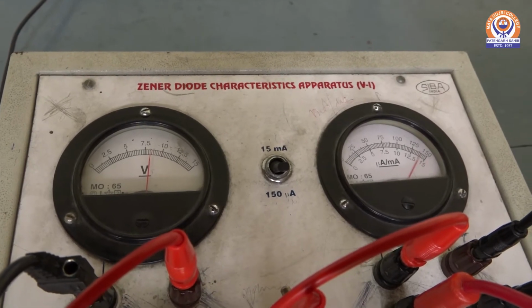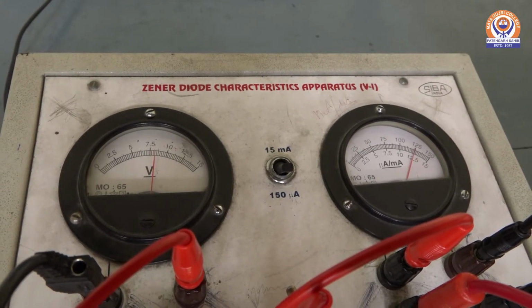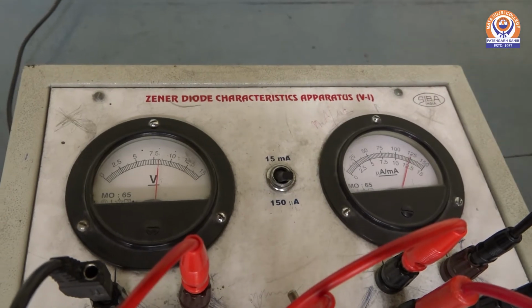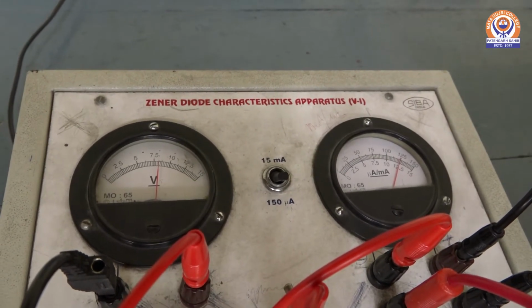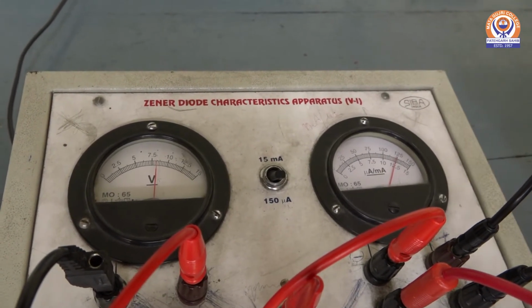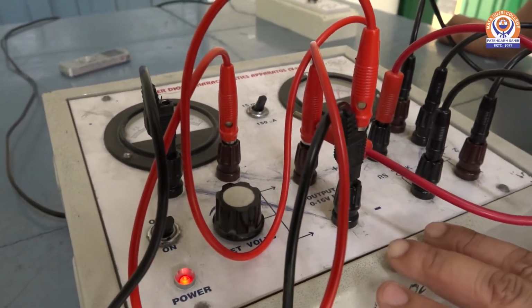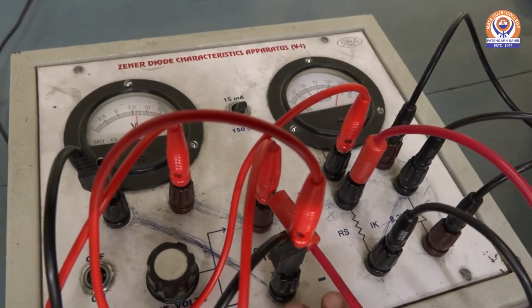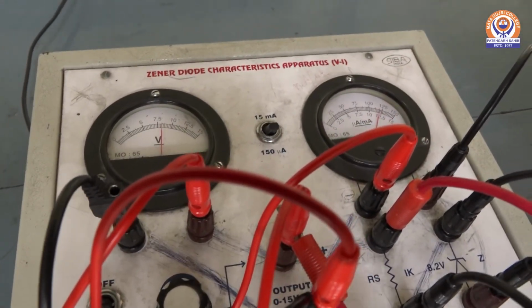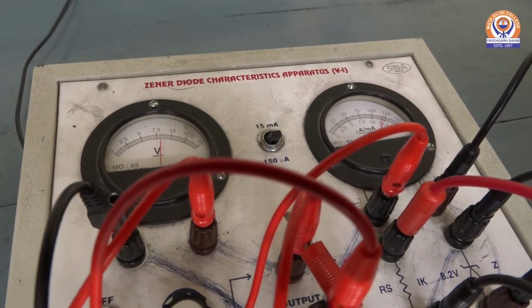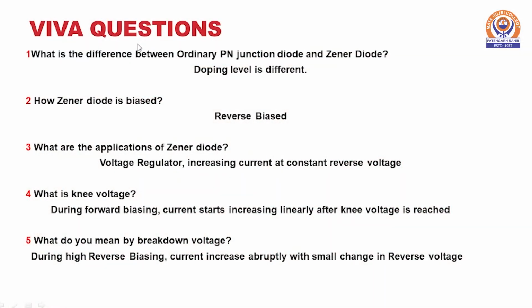At 7.75, the current has increased abruptly. This particular voltage is the Zener breakdown voltage, after which the current shows a sharp increase at a fixed value. So this particular characteristic curve gives us the use of Zener diode as a voltage regulator device.